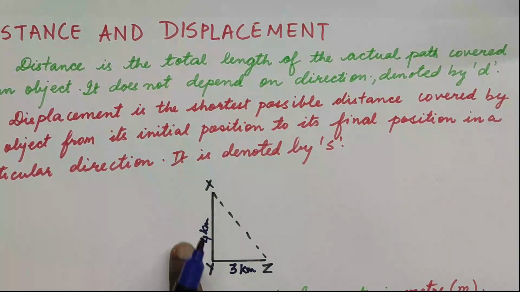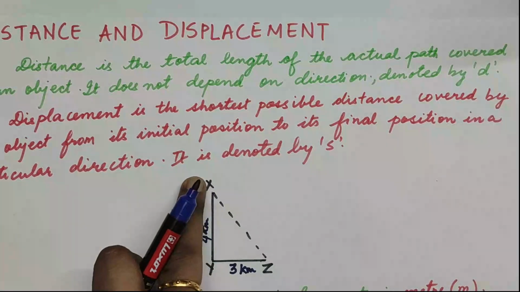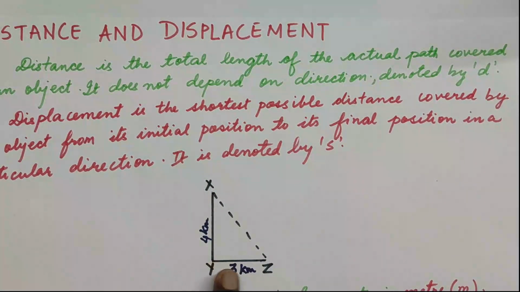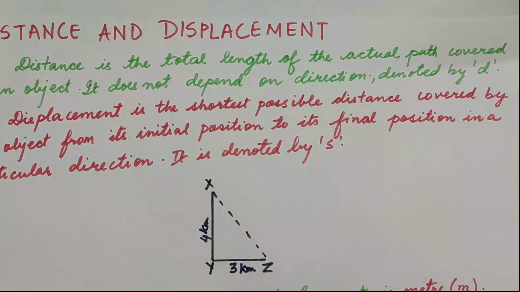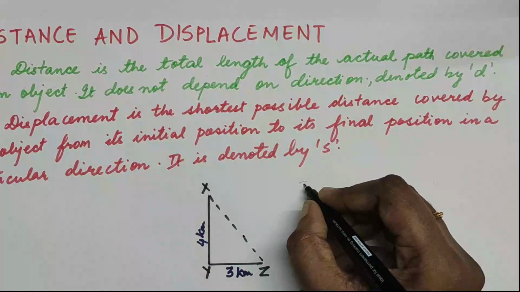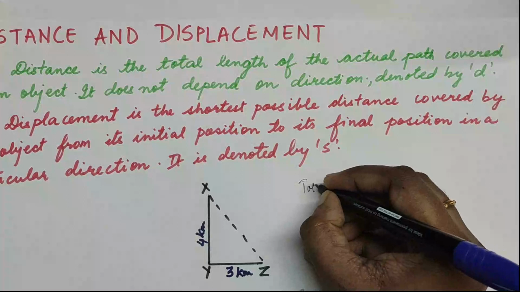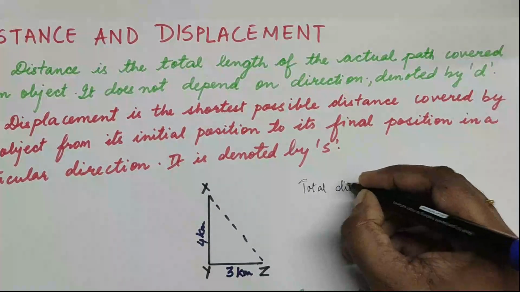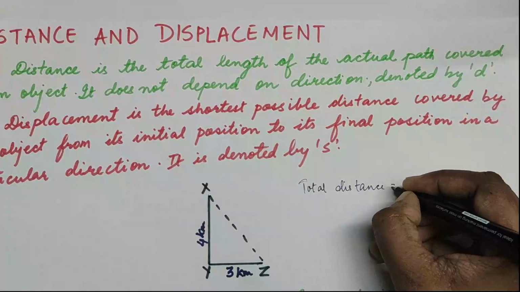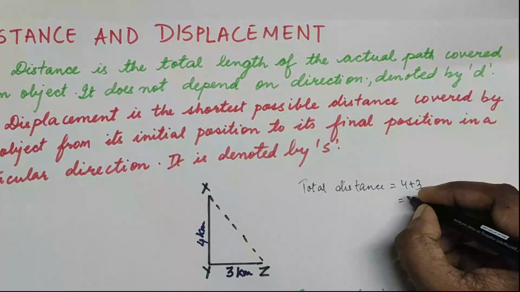So the total distance I covered to go from point X to Z through Y will be 4 plus 3, that is 7 kilometers.